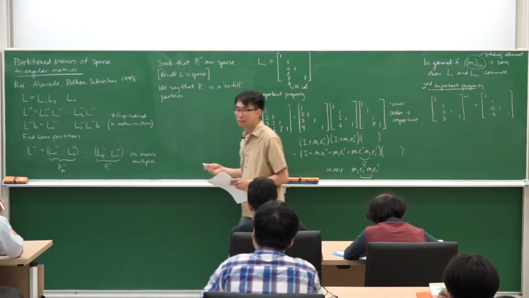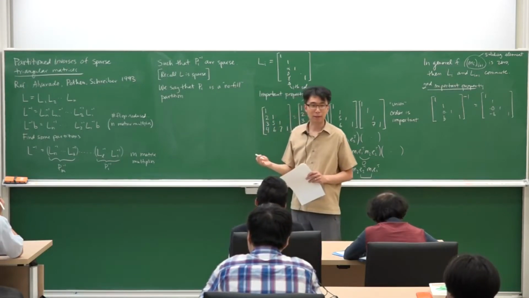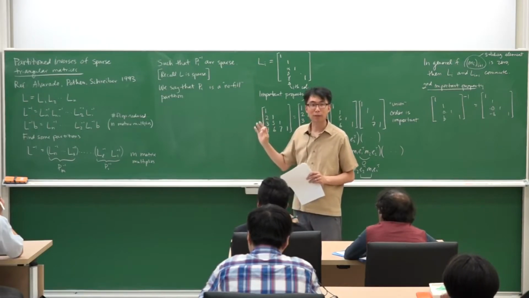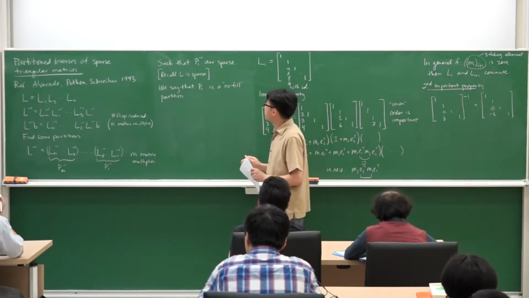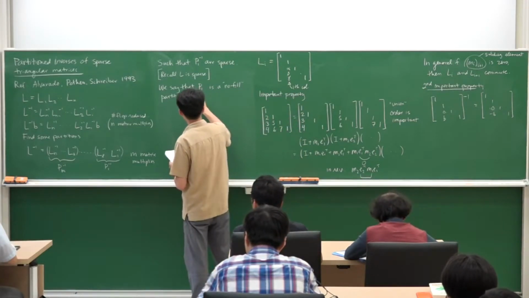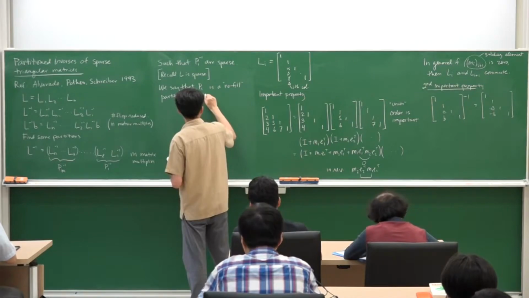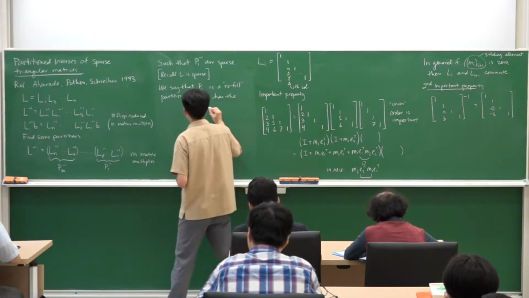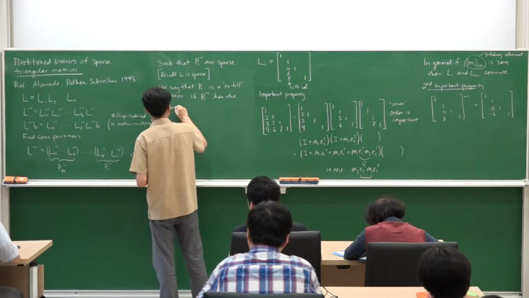So no-fill, similar to incomplete factorization, zero fill, whatever. But this has nothing to do with incomplete factorizations. So P_i is a no-fill partition if P_i inverse has the same sparsity pattern as P_i.